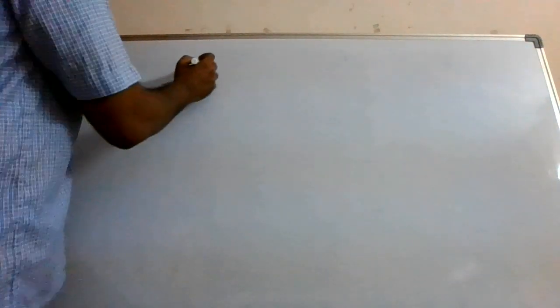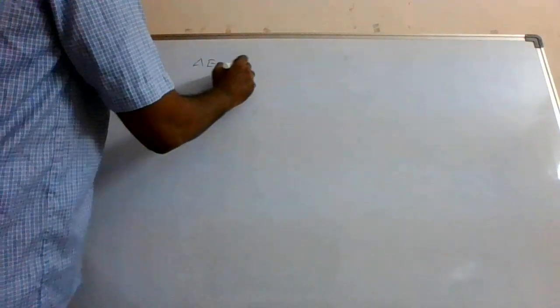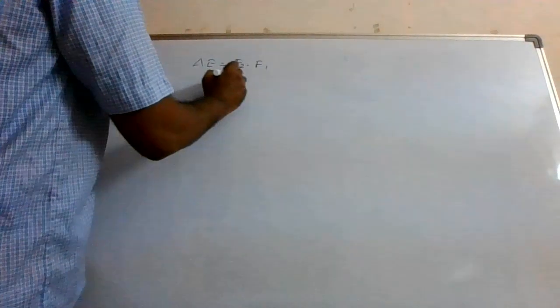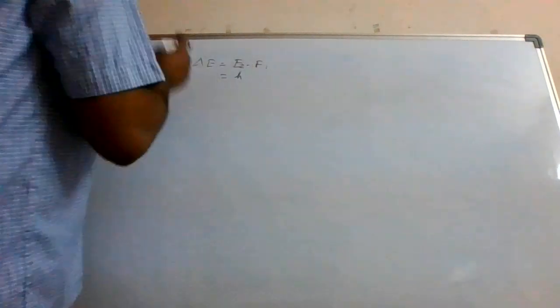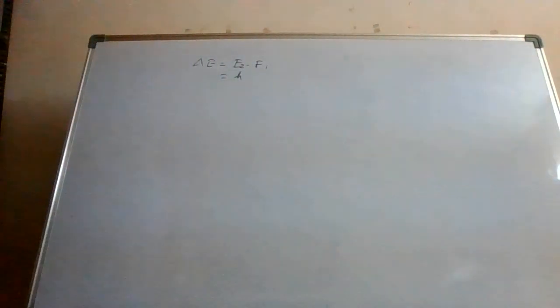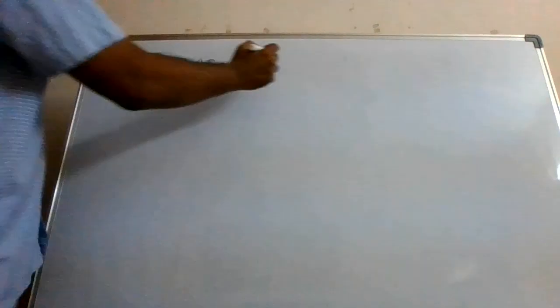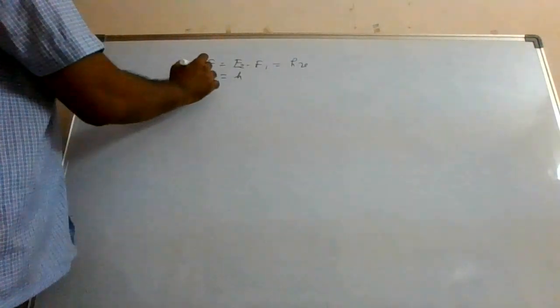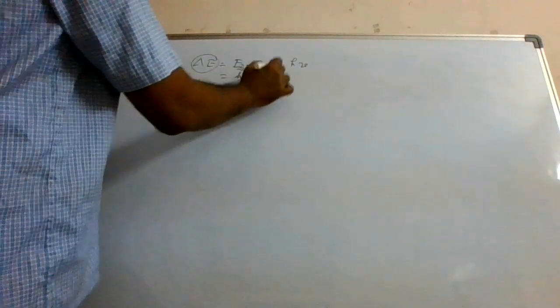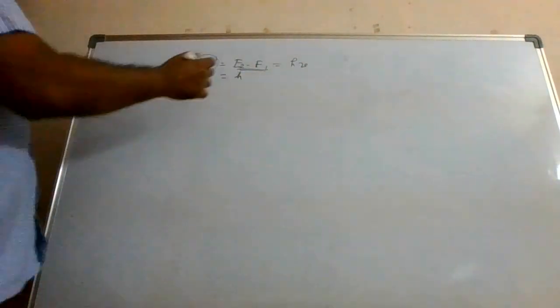If you look at this expression, delta E, which is equal to E2 minus E1, if you take hc common, this can be expressed as h nu. See, delta E is basically the difference of energy of the higher state and the lower state.